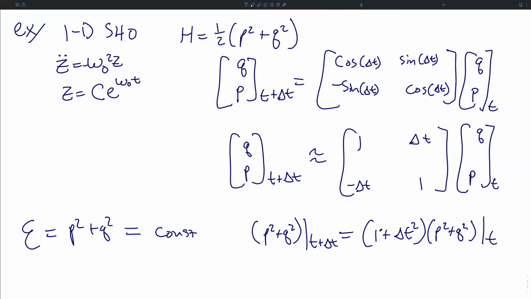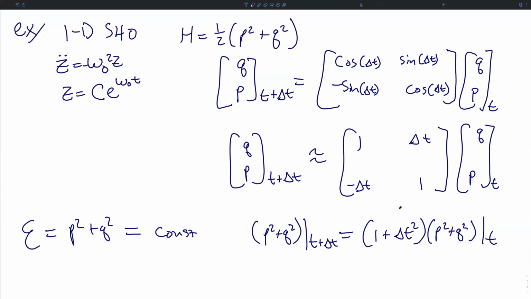And so we instantly see that the forward Euler method, which this is a representation of, is not conserving the energy. Rather, it is modifying it by a factor of 1 plus your time step squared. If your time step is very, very small, then this modification will be very, very small. If your time step is large, then this modification will be large.